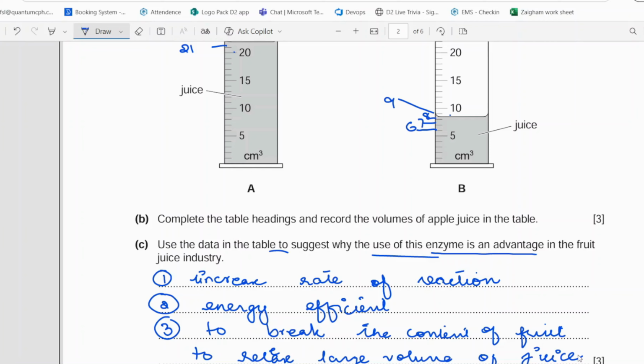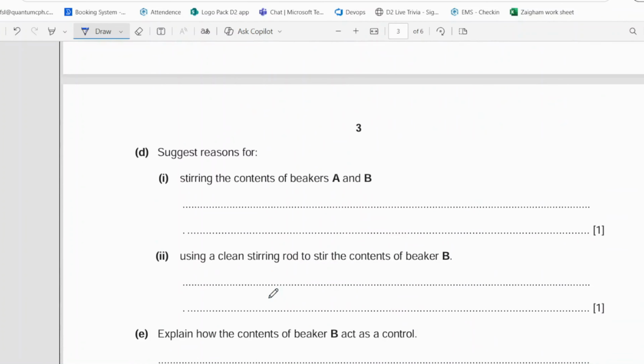When we are using enzyme, like we have discussed in pectinase, since pectinase breaks down the complex sugar into simple sugar, which is sweeter in taste, no extra money is required to add sugar. Similarly, no extra effort is required to break the bigger particles since we have added the enzyme. Heat is not required.